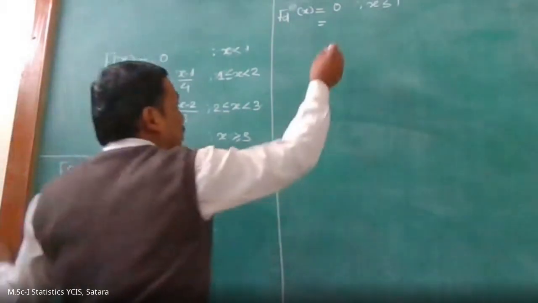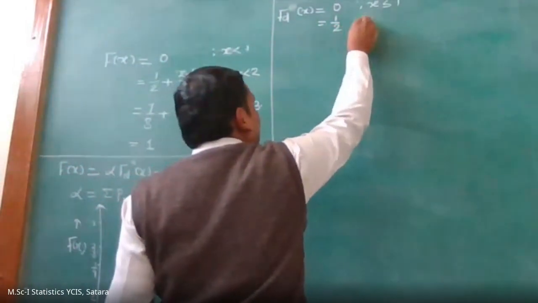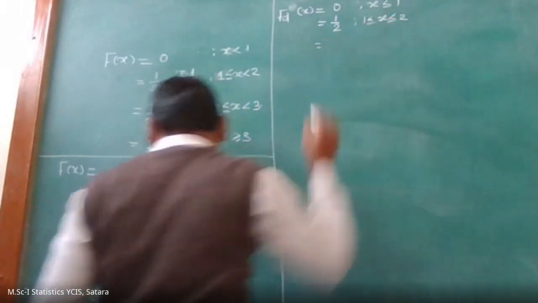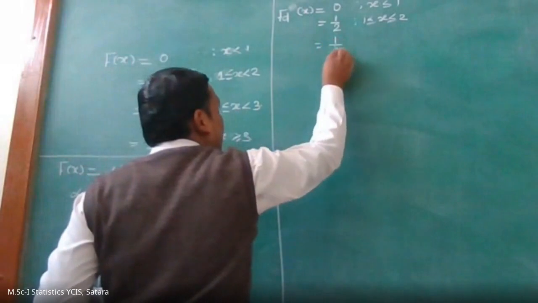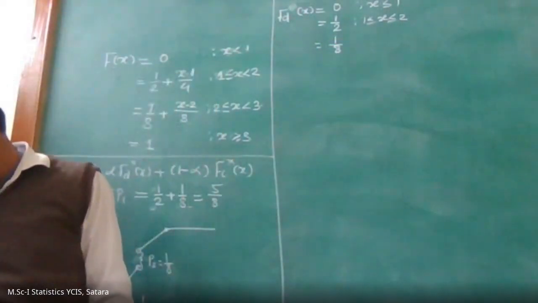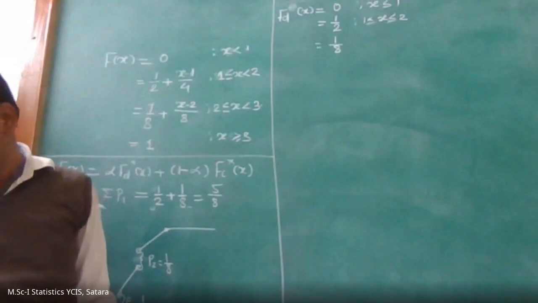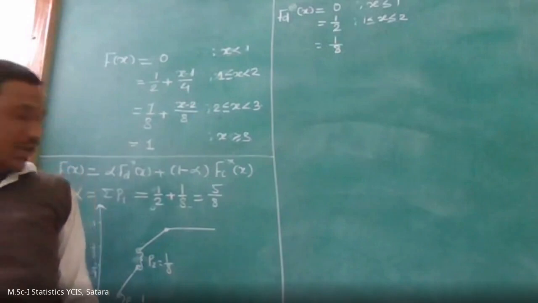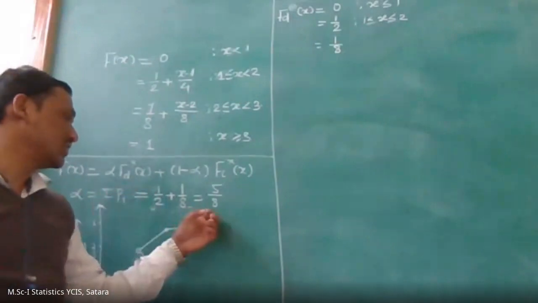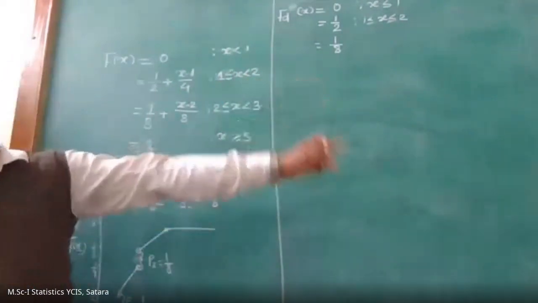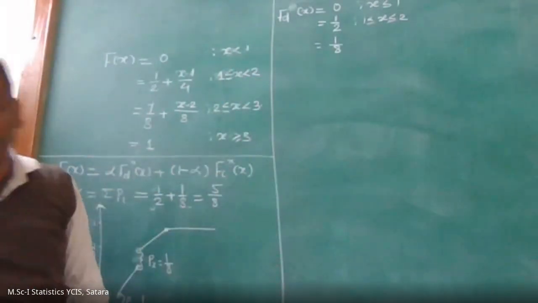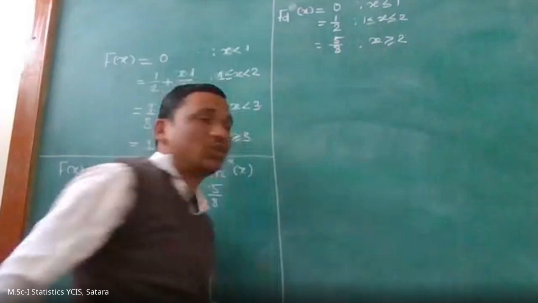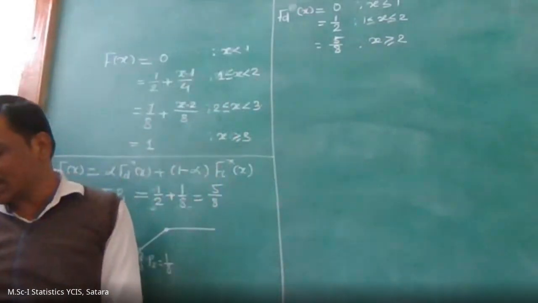Therefore equal to 1 by 2 for 1 less than or equal to x less than 2, and for all the values greater than or equal to 2, we are getting the summation of pi which is equal to 5 by 8. So this is nothing but the fd of x.